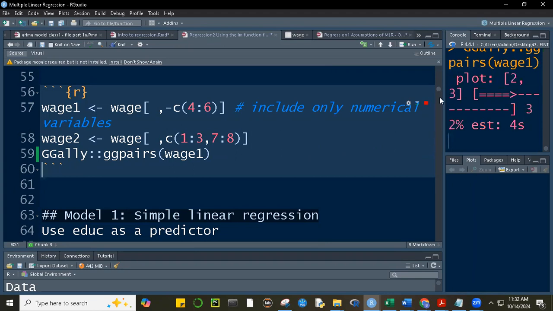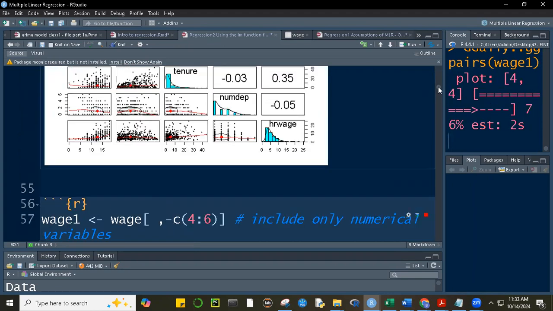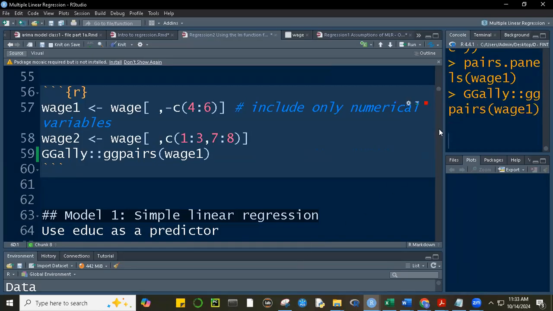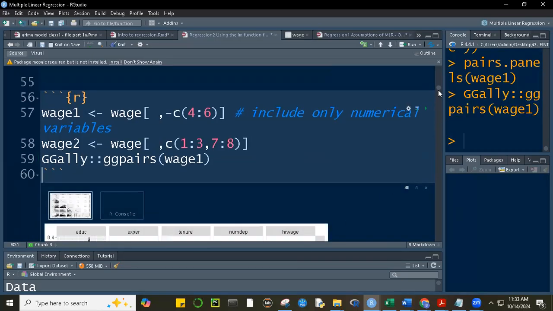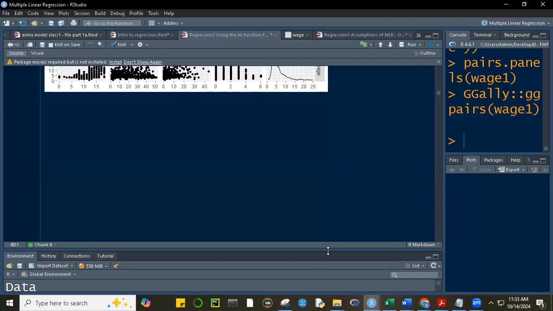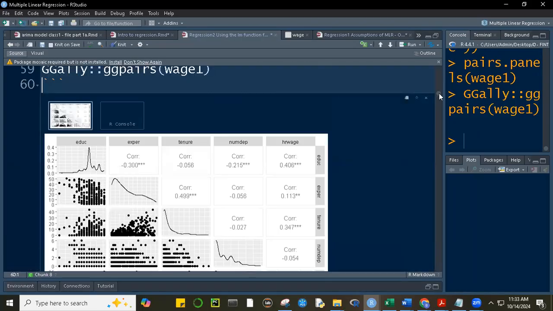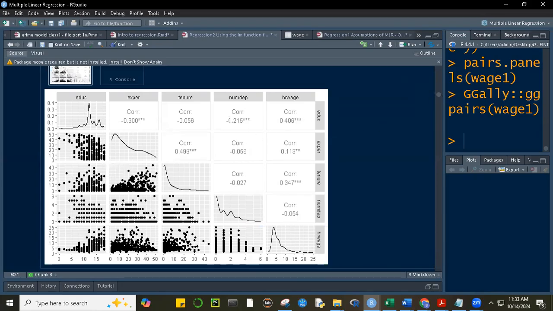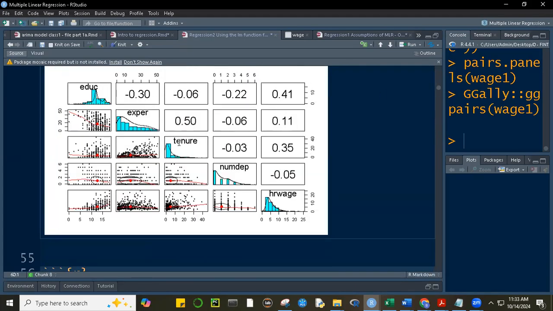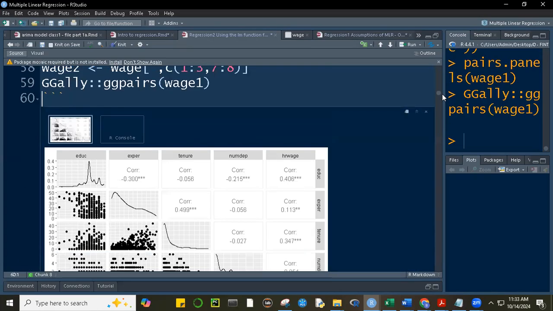It looks a lot better than pairs.panels. It's, let's say, better for a publication, because here the variables are just labeled on the sides, right? It's stated here. Here, we have to guess, right? This one, tenure with what is this? Say, you still have to look for it. Tenure with experience. Here, it's already identified.